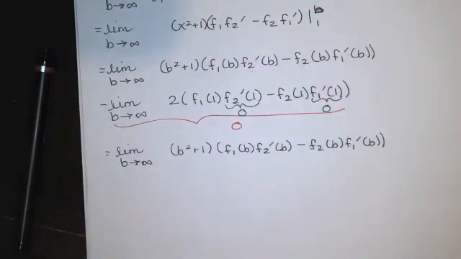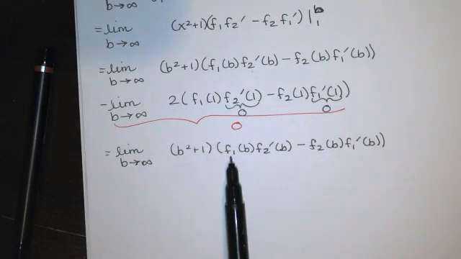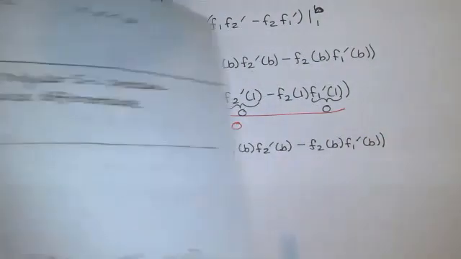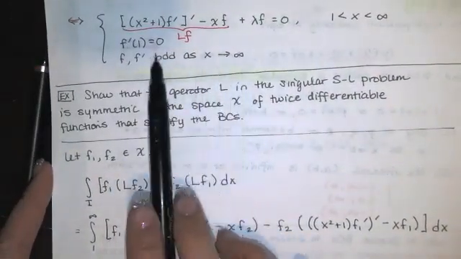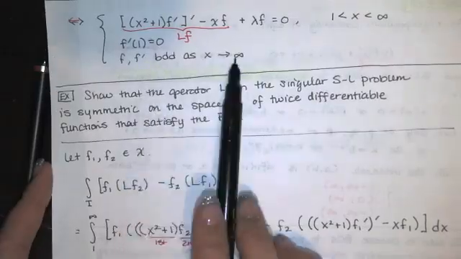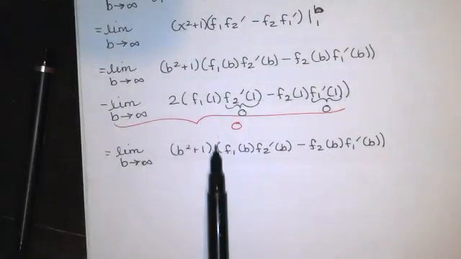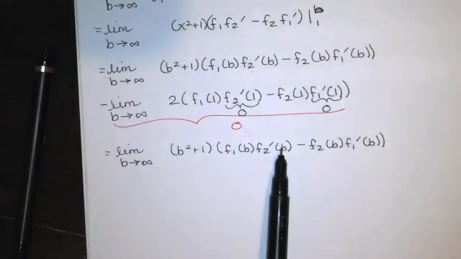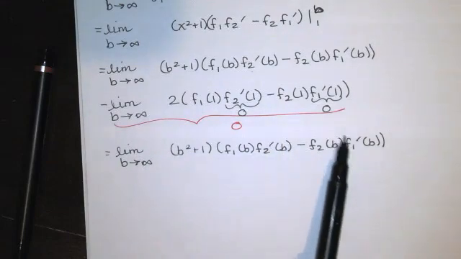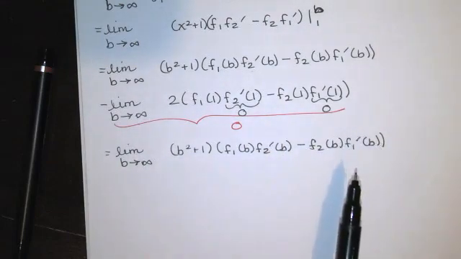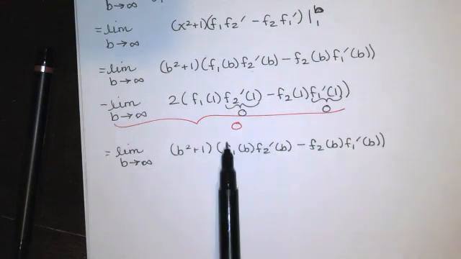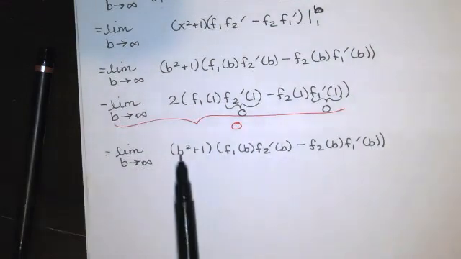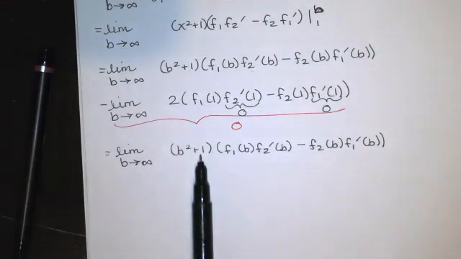And honestly, I'm a little concerned because if the function itself is bounded as x goes to infinity and f prime is bounded as x goes to infinity, this is just some finite number times a finite number. And over here, I've got a finite number times a finite number as well. So this in general is just some finite number times b squared plus 1.